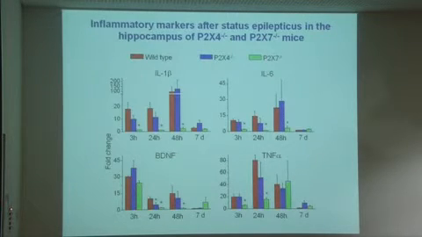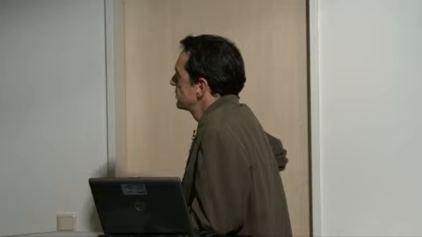So IL-1 beta is, as I told you, increasing; if you follow the red bars in the wild type. There is not a significant effect on this increased expression in the knockout for P2X4, but if you look at the P2X7 knockout mice, we completely wiped out the increased expression of this inflammatory marker in the hippocampus. And the same holds true for interleukin 6.